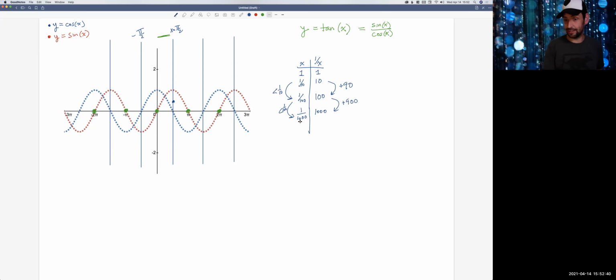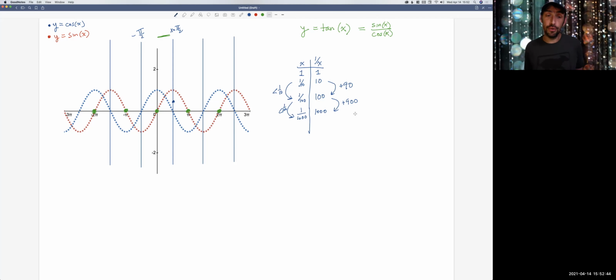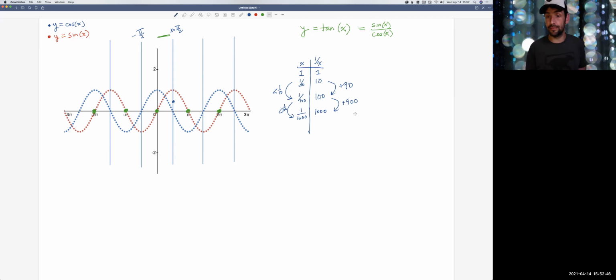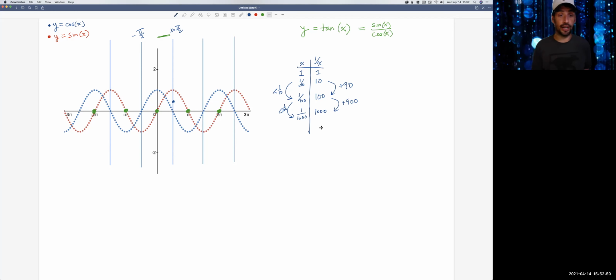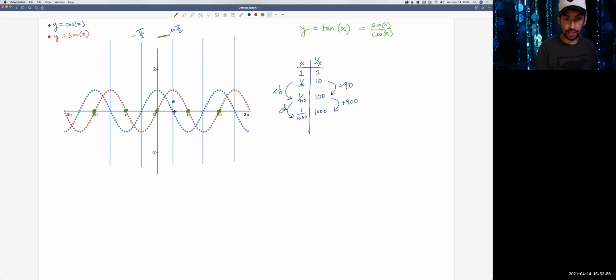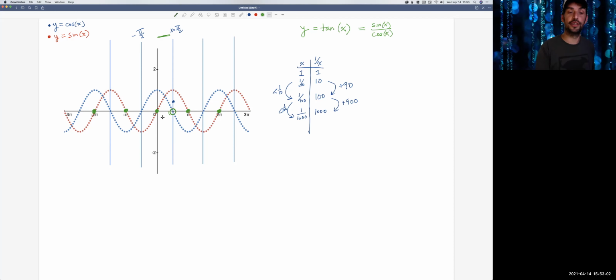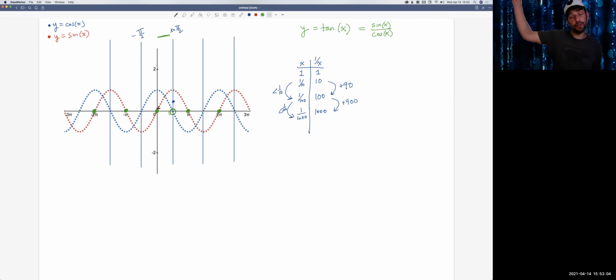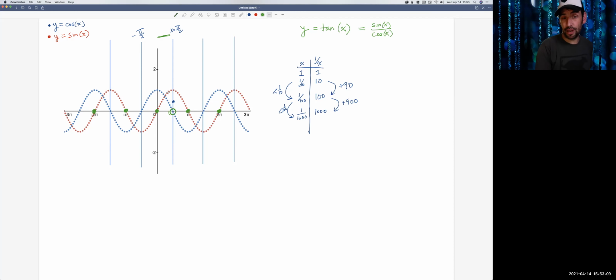We can keep playing this game. 1 over 1 billion will spit 1 billion out. And there's no limit to how small we can make x, and there's no limit to how big we can make 1 over x. The same thing happens here. As this cosine gets very, very close to 0, as we get closer and closer to this point right here, where the cosine, the denominator, is 0, the output values are rocketing off because sine isn't doing much.